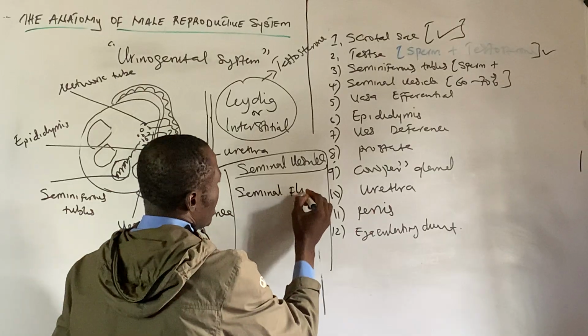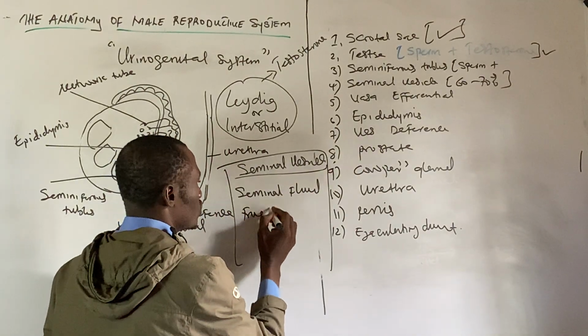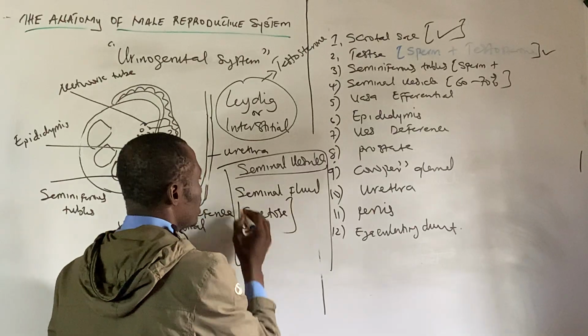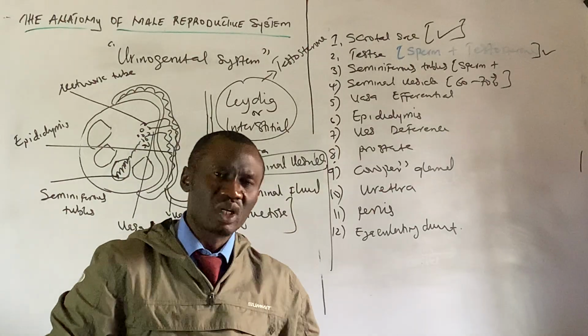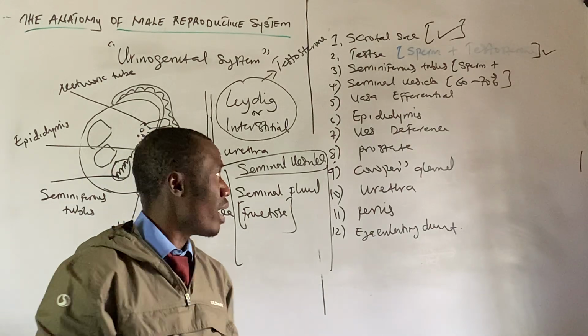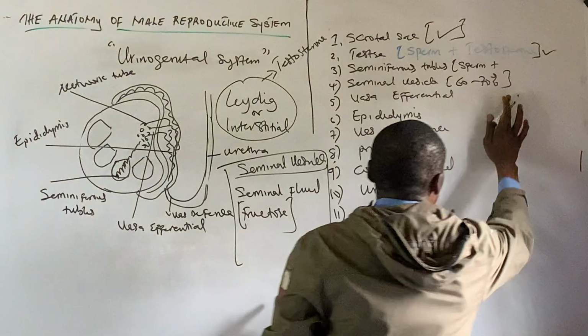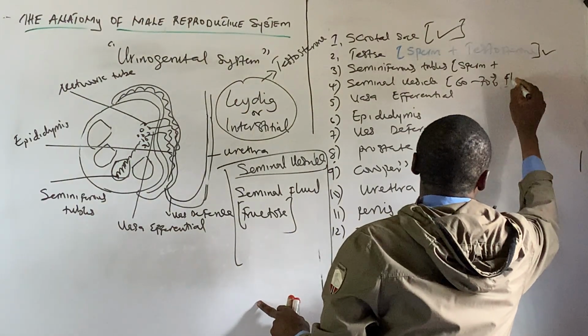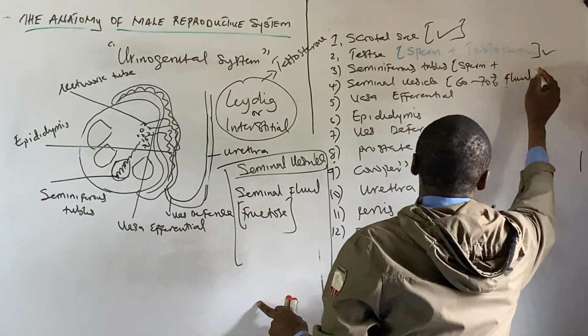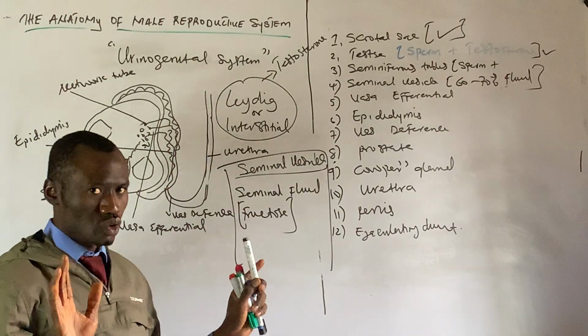The seminal fluid they secrete contains fructose. When they secrete fructose into the sperm, that fructose energizes the sperm. So 60 to 70% of the fluid is secreted by the seminal vesicle, and this fluid contains fructose.